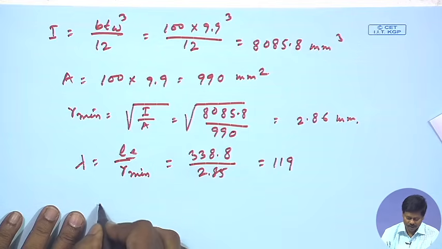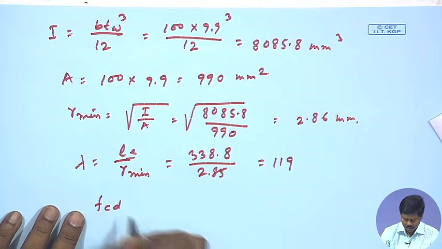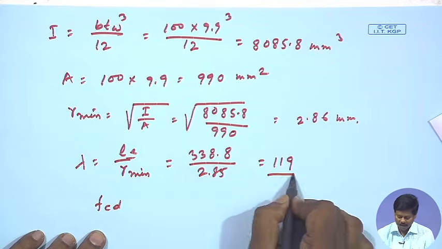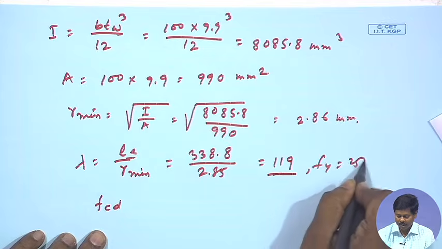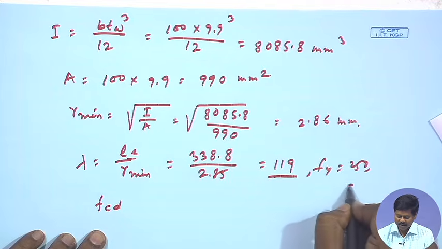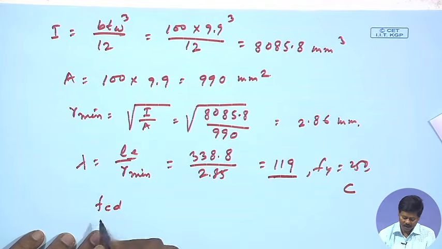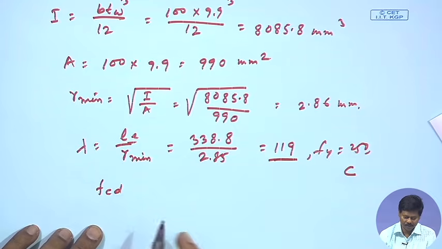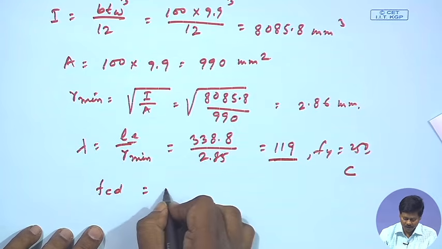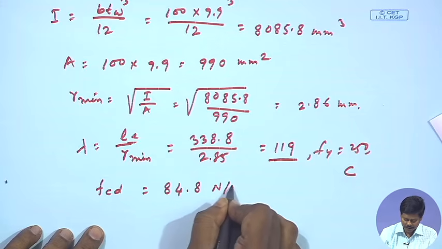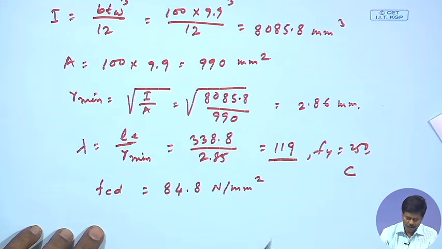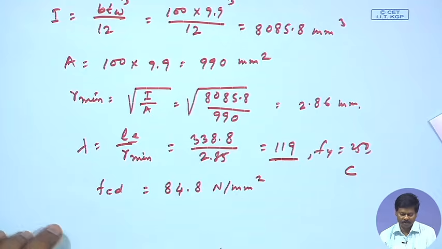So, allowable stress FCD for lambda as 119, Fy as 250 and buckling class as C. From table 9C I can find out the value of FCD. So, FCD value is coming as 84.8 Newton per millimeter square. So, this is obtained from table 9C.